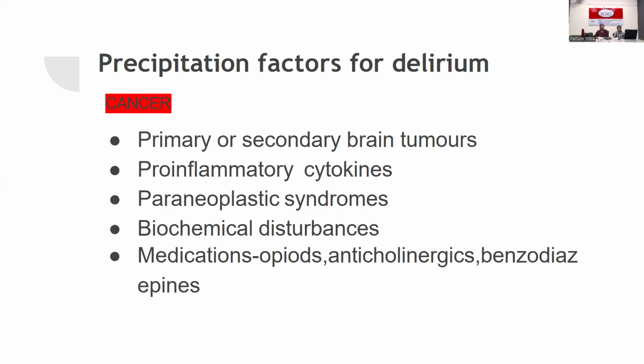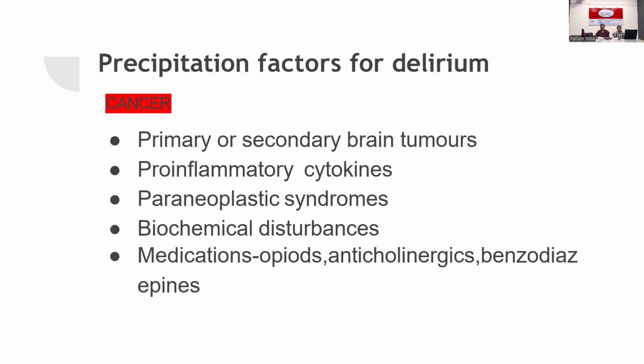So, another thing about the cancer itself, primary or secondary brain tumor: something already there is an acute confusion or acute brain failure due to different causes in the brain, causing all these kinds of problems, alertness and all. So when you have a malignancy, think about it. When you have a tumor in your brain, that can in turn cause delirium.